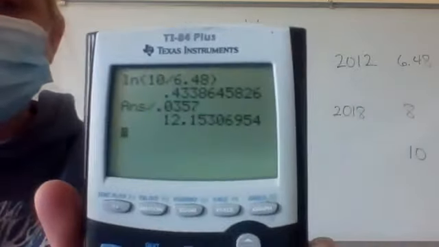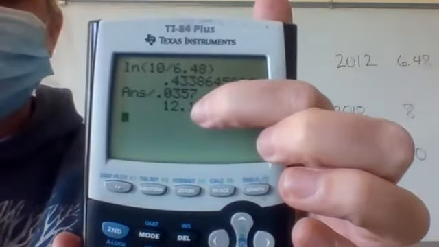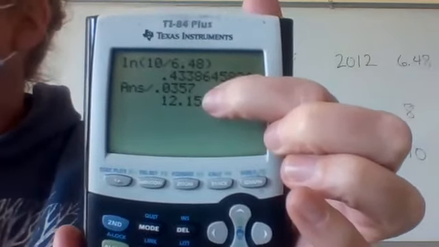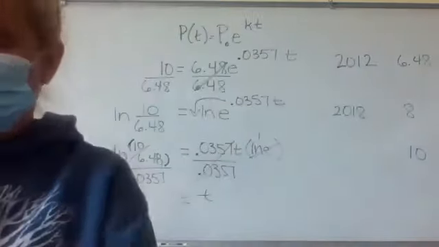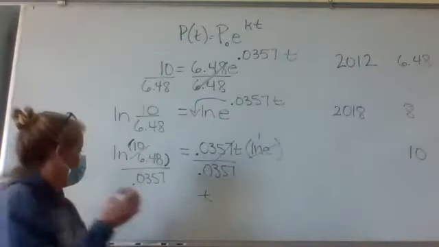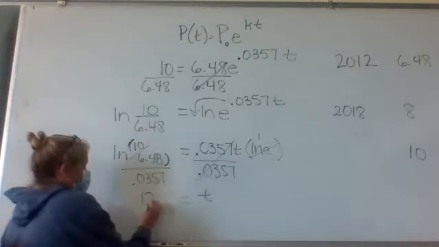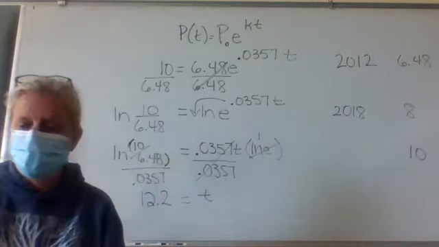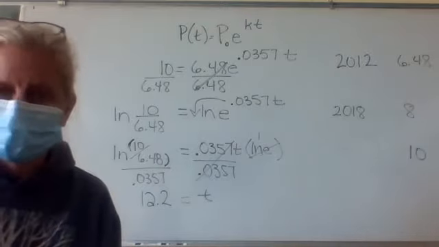Round to 1 decimal place as needed. So since I have 12.15, that means I need to round this to what? 12.2. Since it was 12.15. The 5 told me to round that 1 up to a 2.